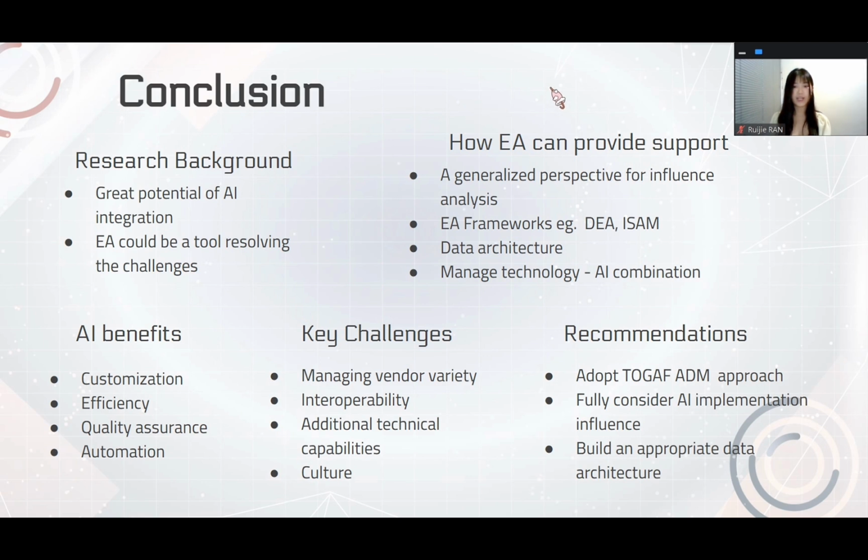By reviewing 11 existing literature, we answered the research question by describing how EA can provide support in several ways, including offering a generalized perspective to analyze various aspects of AI influence, providing frameworks to facilitate intelligent system management, guiding data management through data architecture, and helping manage the combination of AI with other technology to enhance the overall capability.